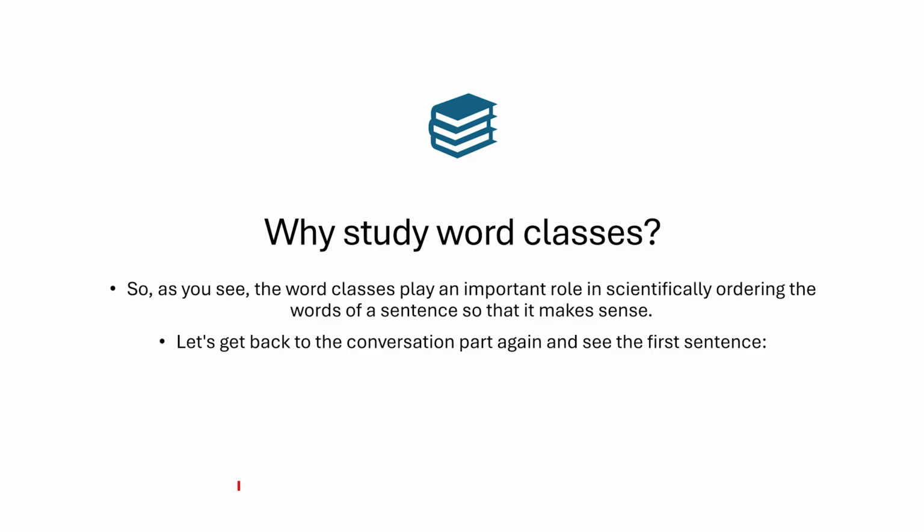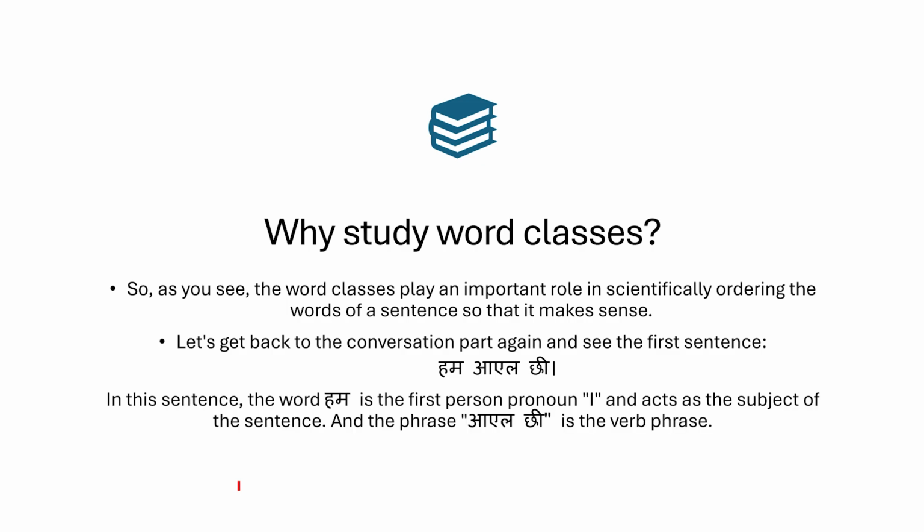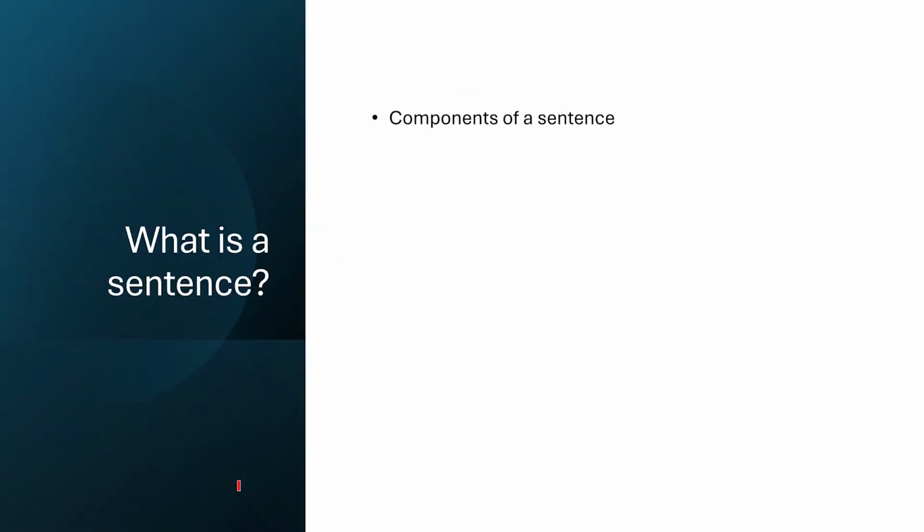Let's get back to the conversation part again and see the first sentence. Home ILG. In this sentence, the word home is the first person pronoun I and acts as the subject of the sentence. And the phrase ILG is the verb phrase. So, what is a sentence?